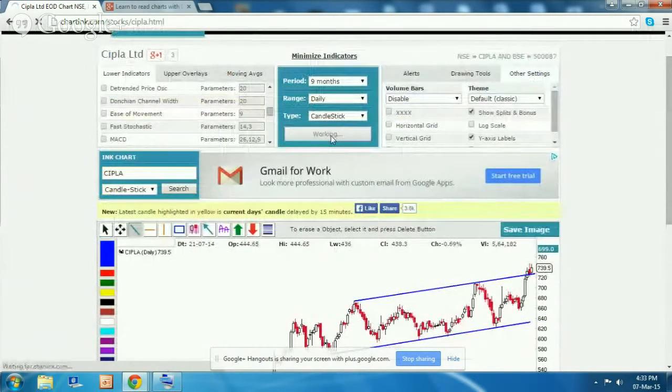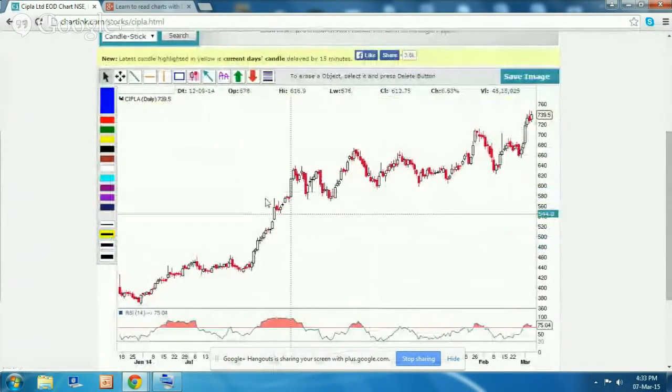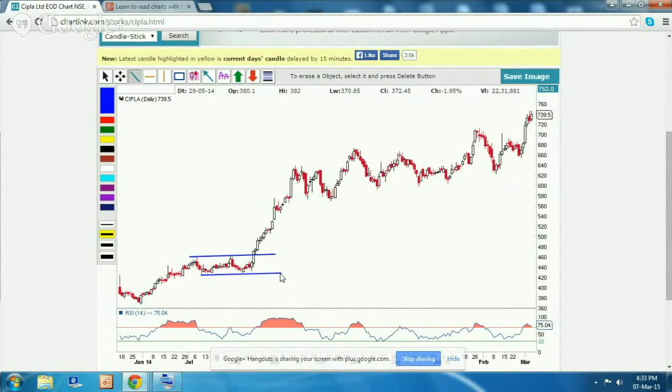Some other tool also. Let us look at what patterns are seen here. I'm drawing a horizontal line joining two tops and a horizontal line from here. What you see between these two lines is a sideways movement of price, and this pattern is called a rectangle.